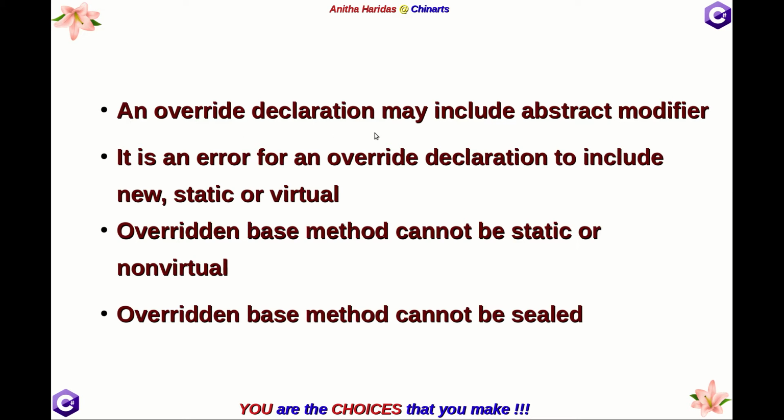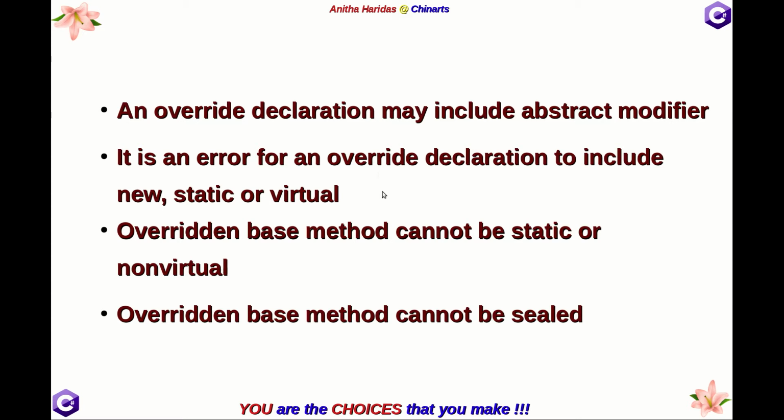An override declaration may include the abstract modifier. You can have an abstract modifier for the overridden method. And it is an error for an override declaration to include new, static or virtual. That is not possible. If a method is overridden, it cannot be declared as a static method, virtual method or a new method.